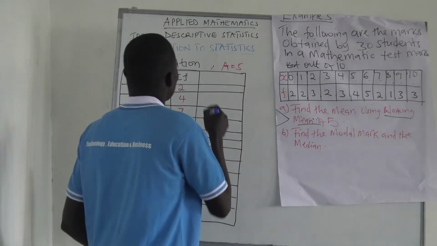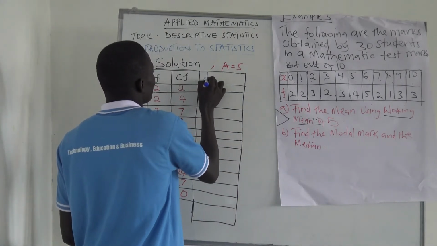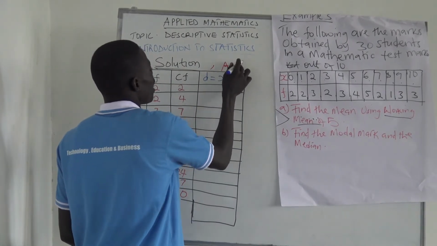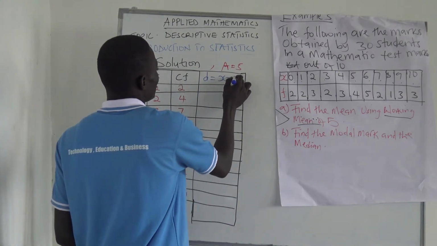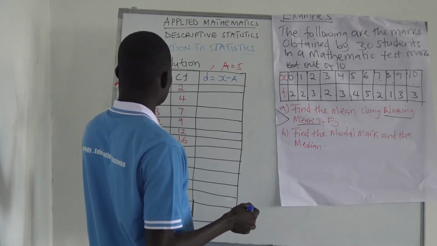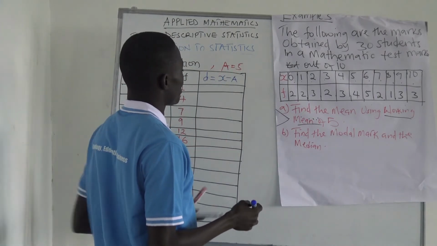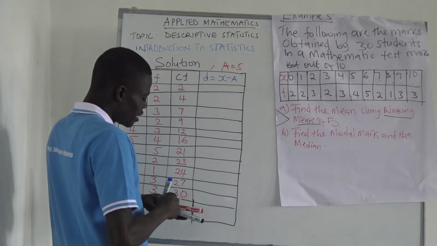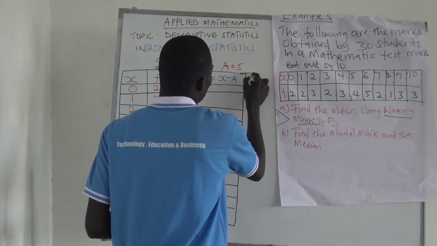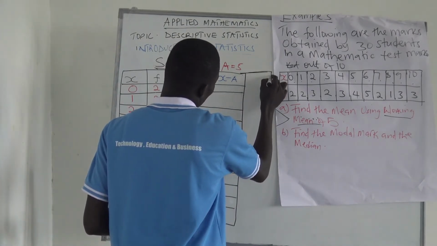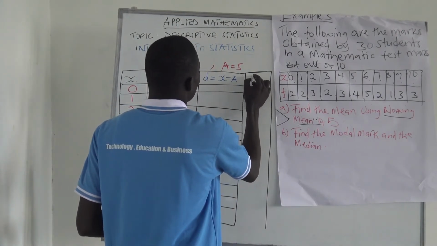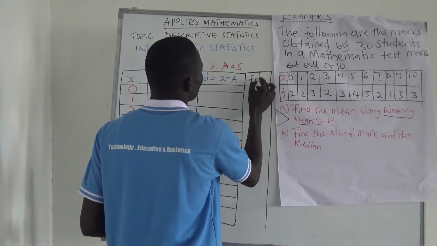After that, we have what we call D. D is given by X minus A. So our A, which is 5, so we shall be getting the values of X minus A, which is 5. After getting that, we shall have another column of FD.